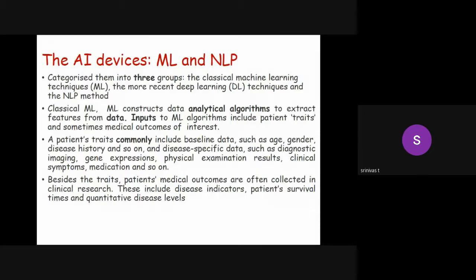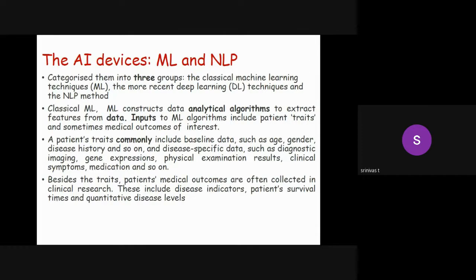And disease-specific data is also very important: diagnostic imaging, gene expressions, physical examination results, clinical symptoms, medication, and so on. All these parameters are very important for ML. Besides the traits, patient medical outcomes are often collected in clinical research. These include disease indicators, patient survival times, and quantitative disease levels. Patient survival time is a very important parameter which influences the ML algorithms.